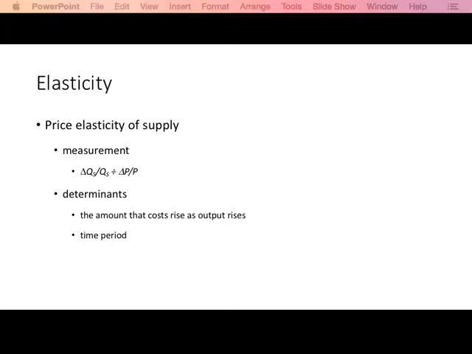Okay, the same determinants hold here, except that apart from time period, you can look at the amount that costs rise as output rises. Remember, supply is about amount of output. Supply increases means output increases.